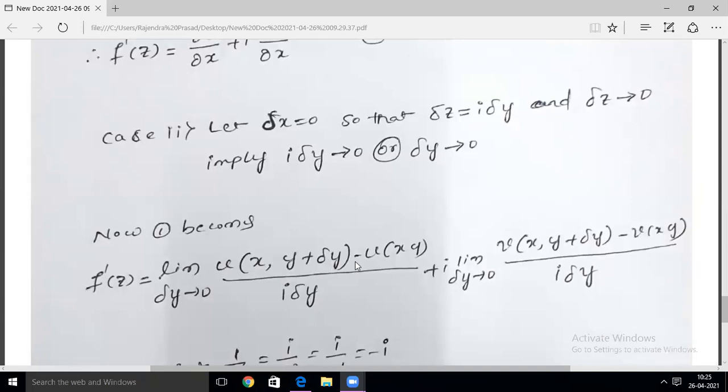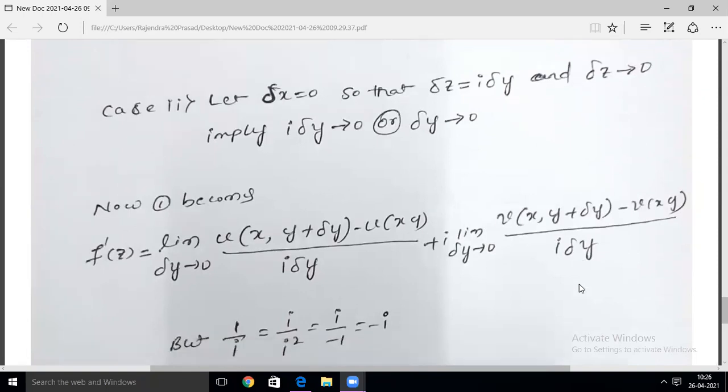u of x comma y plus delta y minus u of x comma y, plus i into limit delta y tends to 0, v of x comma y plus delta y minus v of x comma y, upon i into delta y. Clear?